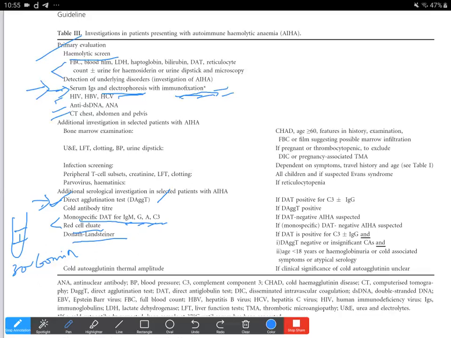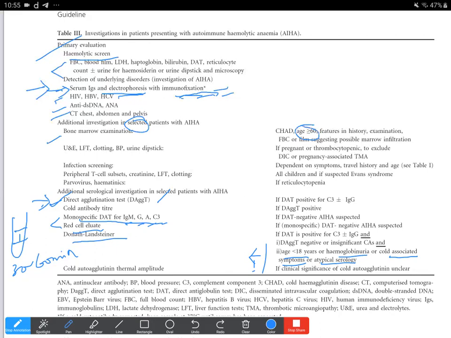In these cases also, age less than 18 years, hemoglobinuria, cold associated symptoms and atypical serology are suggestive of paroxysmal cold hemoglobinuria. And also regarding other investigations in selected patients, we may have to go for a bone marrow biopsy, especially if the patient is elderly and there are features in history that suggest some sort of a marrow infiltration.